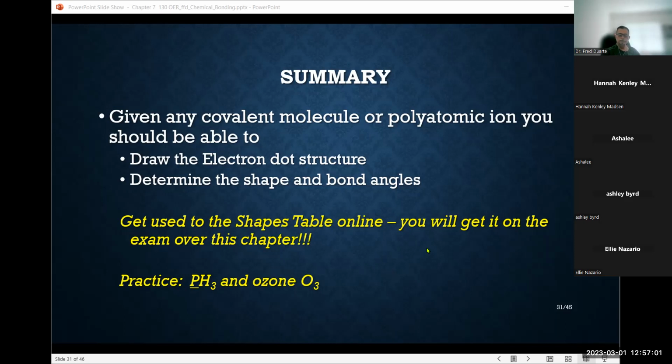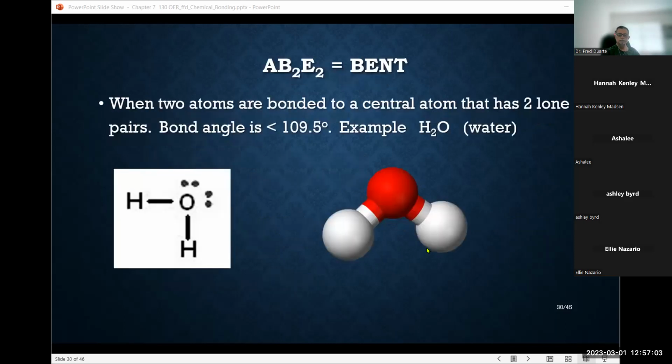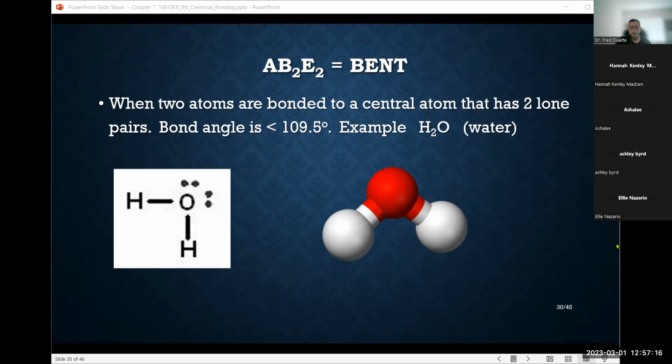Can you go back to the ABE slide? Is that a generic formula? Yeah, the ABE. Okay. I don't see that one on our table, like our shapes and bonds table. Which one? AB what? It was just ABE.